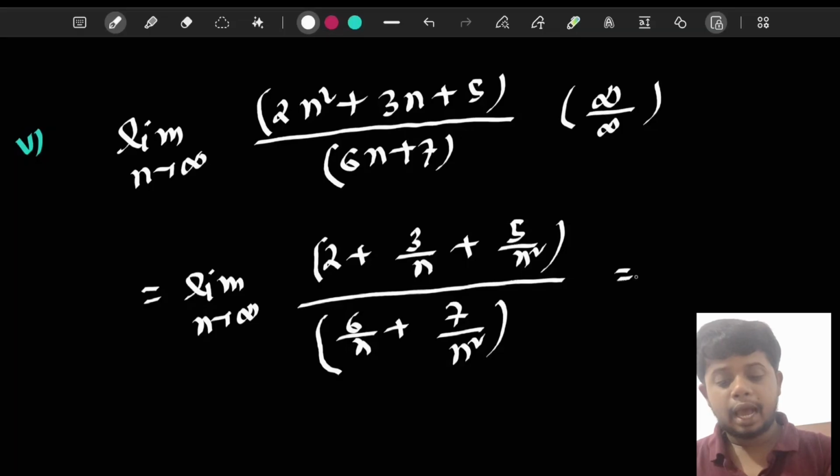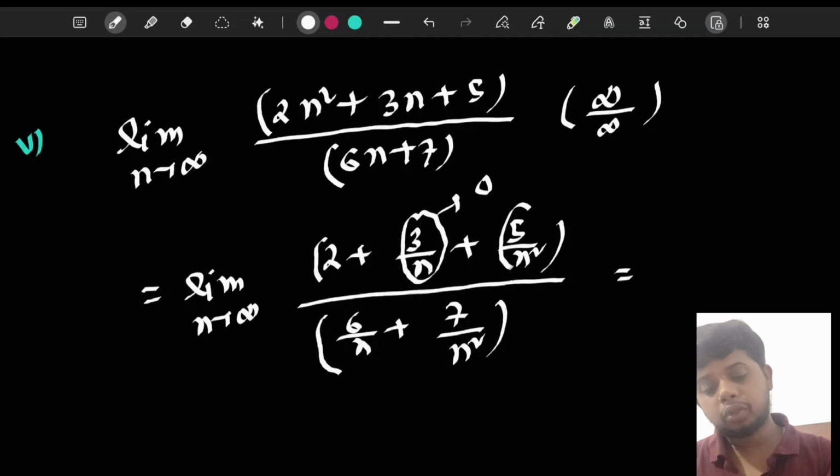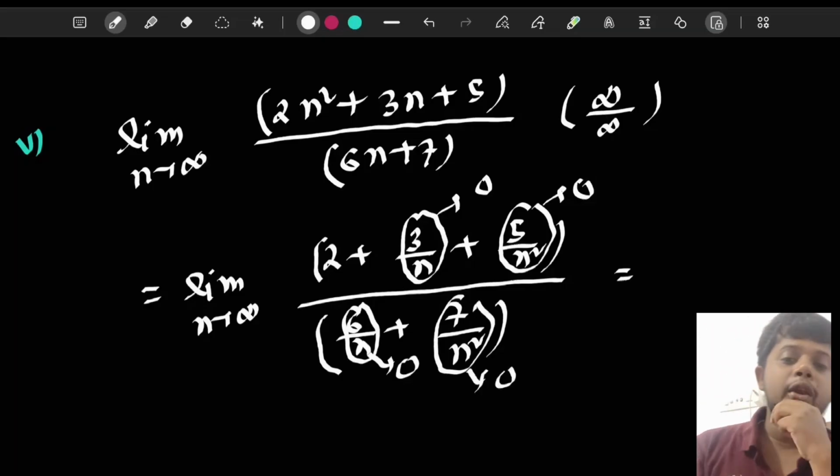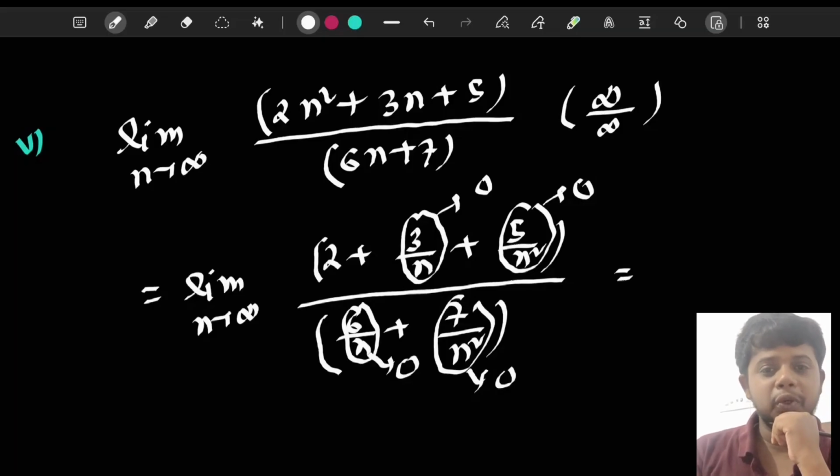So here, this will go to 0, this will also go to 0, this will also go to 0, this will also go to 0. But is the denominator going to exact 0 or 0 plus? You say, sir, yesterday only you told, 1 by infinity is 0 plus. I'll say yes.